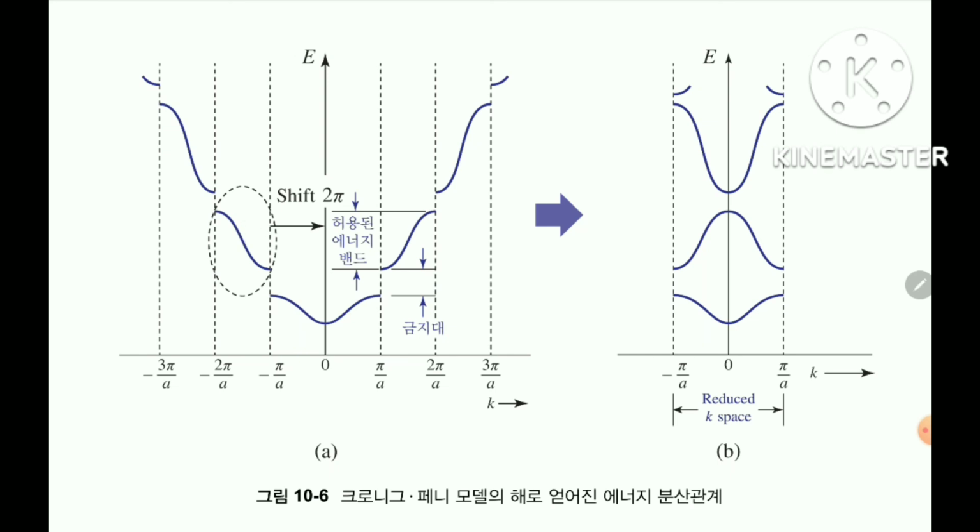The right-hand side is the reduced zone scheme within the first Brillouin zone. Therefore, we can say that there is an energy band gap here, with continuous band dispersion, and there is an energy band gap region, the prohibited region. Therefore, it is a solution of the one-dimensional periodic lattice, and the periodic lattice causes the energy band gap.